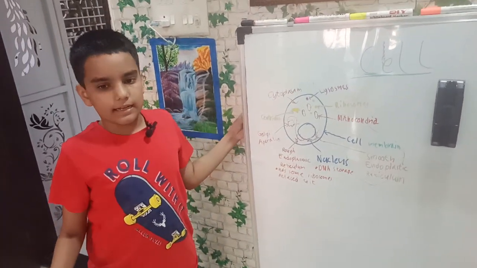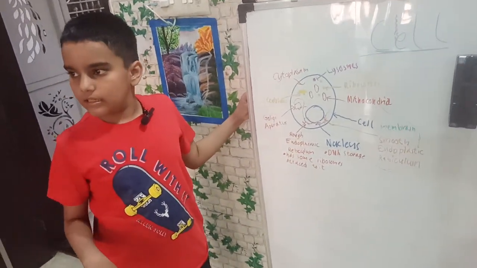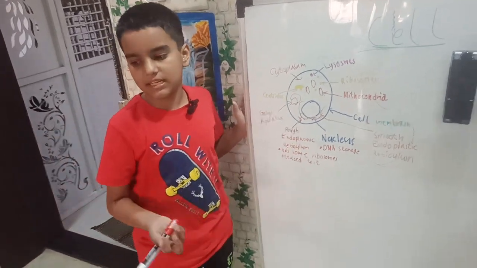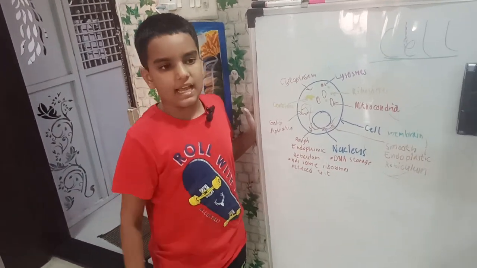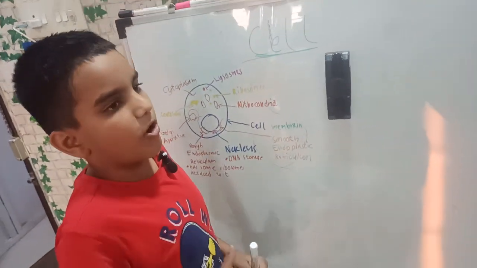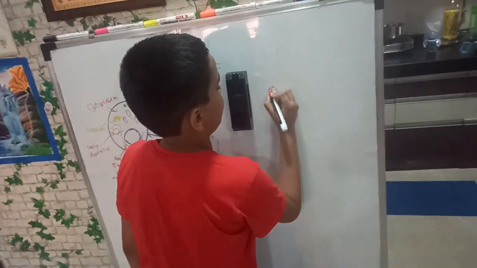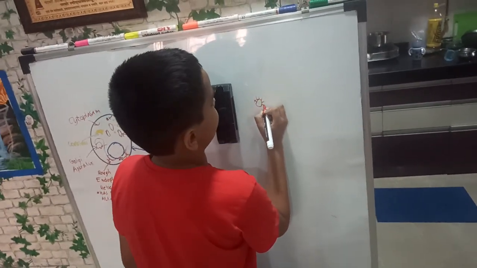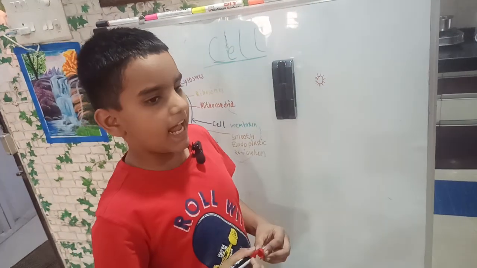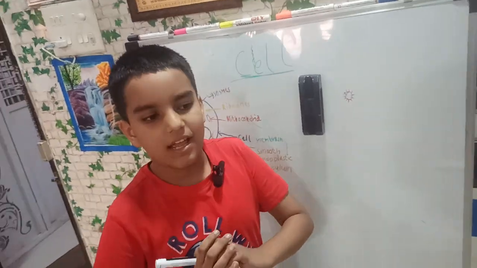So, the Golgi apparatus. Let me explain. Golgi apparatus is used in immune cells, like T cells. So, let me explain this. Your body has recognized a pathogen, or germs, that has come into our body.